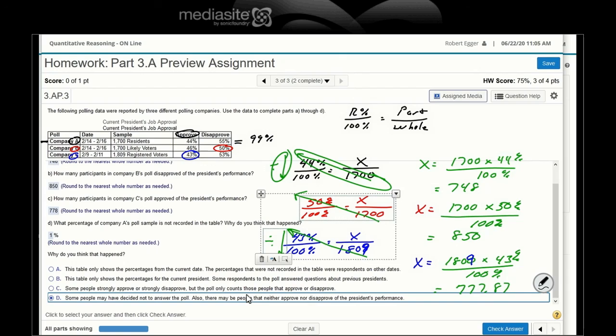Well, yeah, but that doesn't explain why the 1% is missing. Some people strongly approve and strongly disapprove, but the poll only counts those people that approve or disapprove. Well, you either approve or you strongly approve. So D, some people may have decided not to answer the poll. That's always a possibility, no answer. Or there may be people that neither approve nor disapprove. So D.